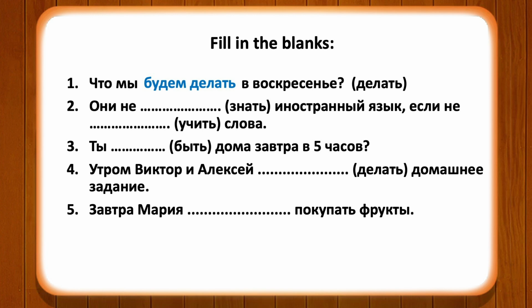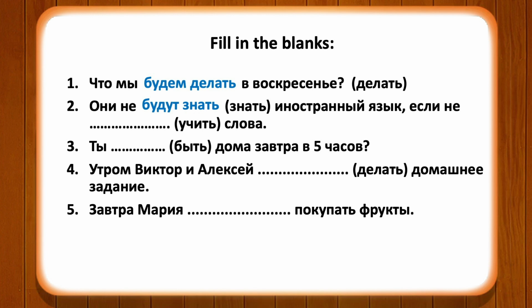In the next sentence, the verbs знать and учить have to be used in future tense. Now, how will you make the future tense? Они, again you use the verb быть and conjugate the verb быть according to они. Они будут, followed by the verb in infinitive which is знать.